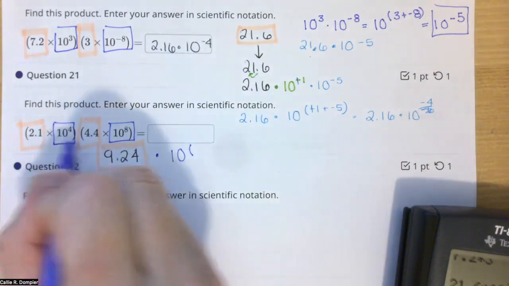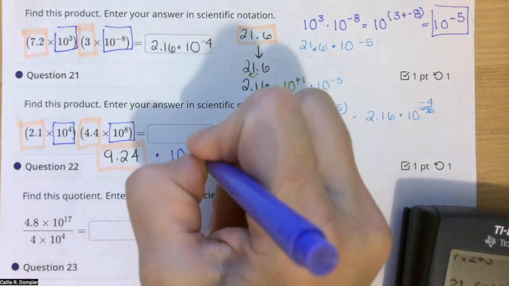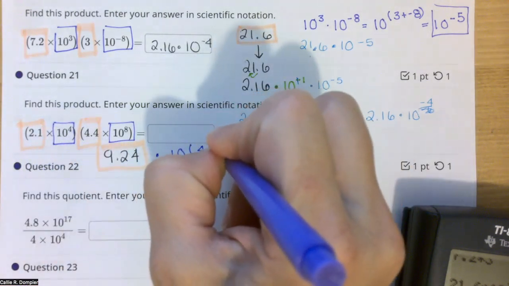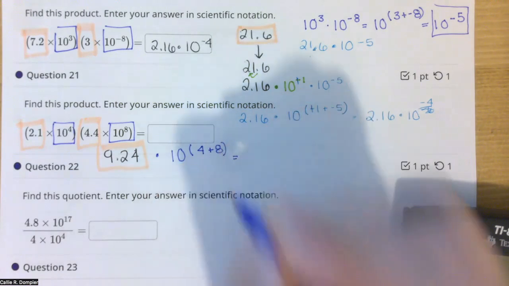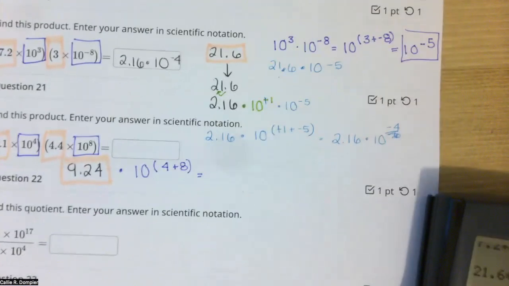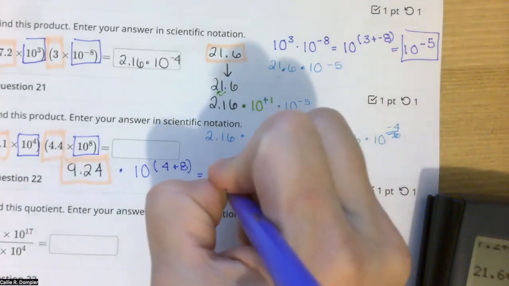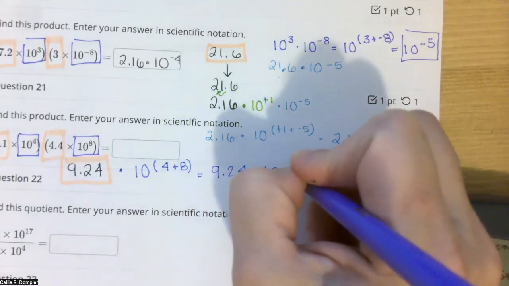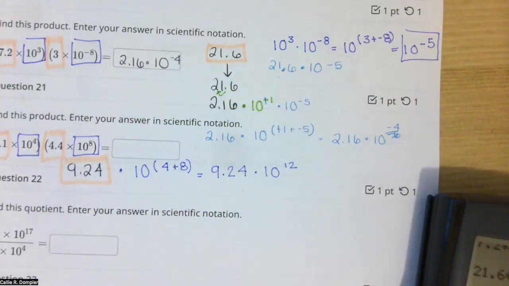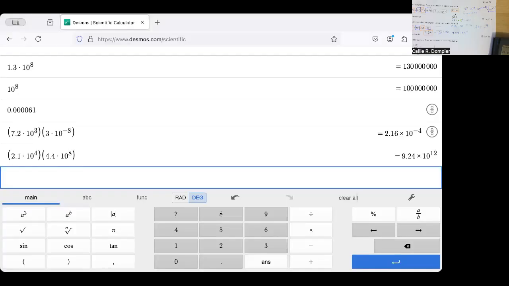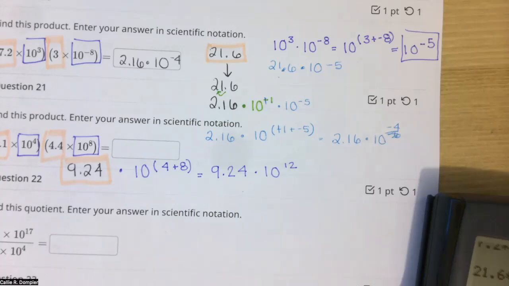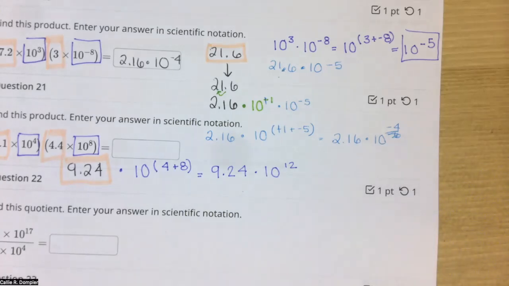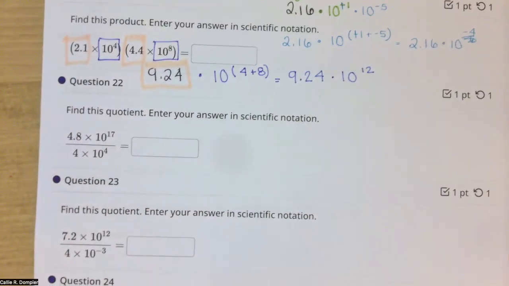And remember, when the bases are the same, we add the exponents. 4 plus 8 equals 12, so 9.24 times 10 to the power of 12. Let's just confirm that that is also what the Desmos gave us, and it is 9.24 times 10 to the 12. Good? All right.